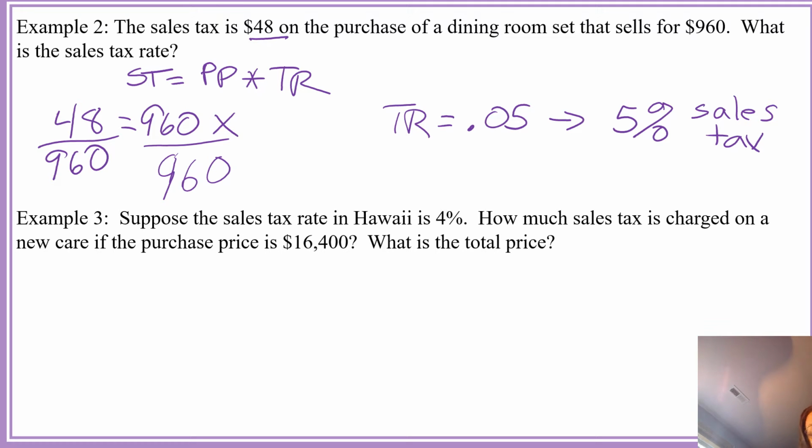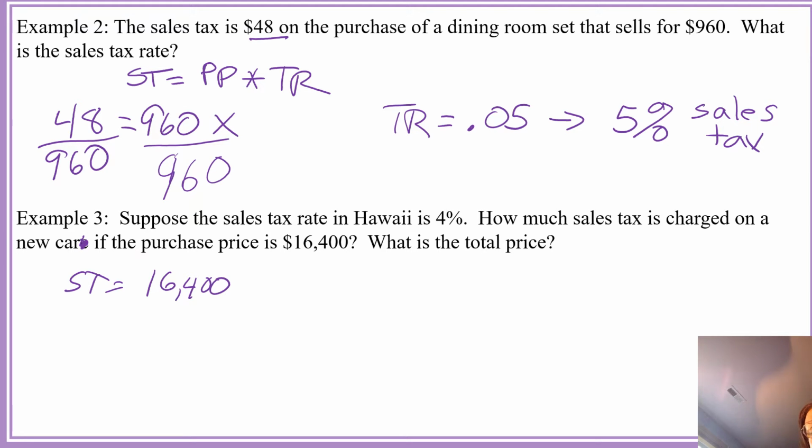Okay, example 3. Suppose the sales tax rate in Hawaii is 4%. How much sales tax is charged? So we have sales tax is equal to the purchase price, $16,400. I think that's supposed to be a new car.